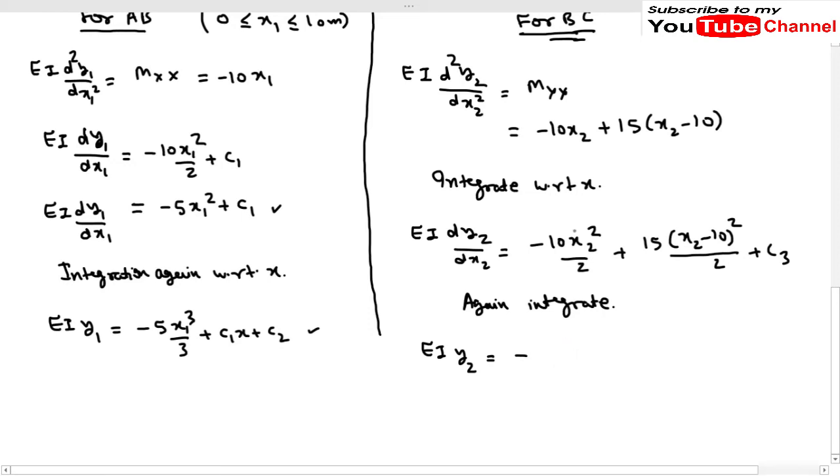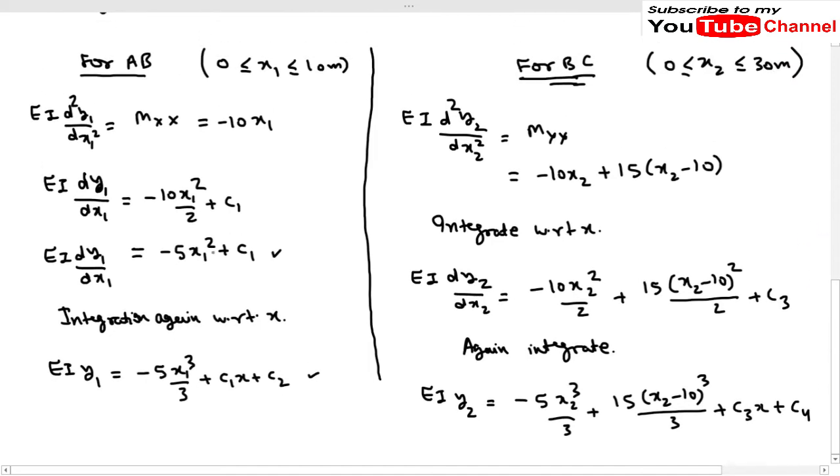After division it will become minus 5 x2 cube by 3 plus 15 x2 minus 10 to the whole cube divided by 3 plus C3 x plus C4. So these are the equations which we are going to use.